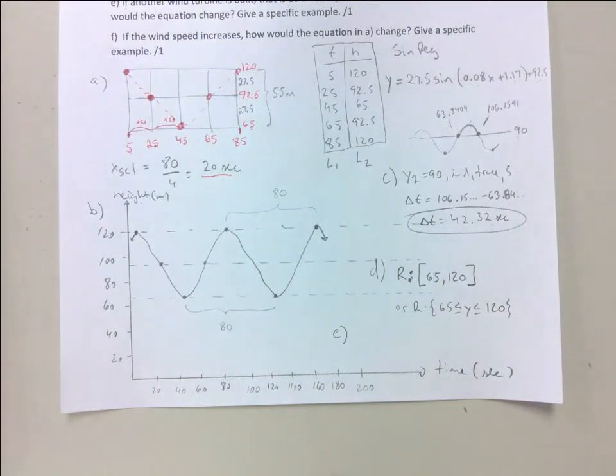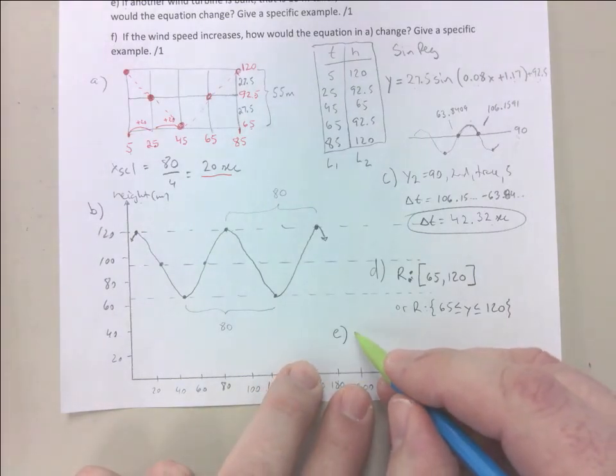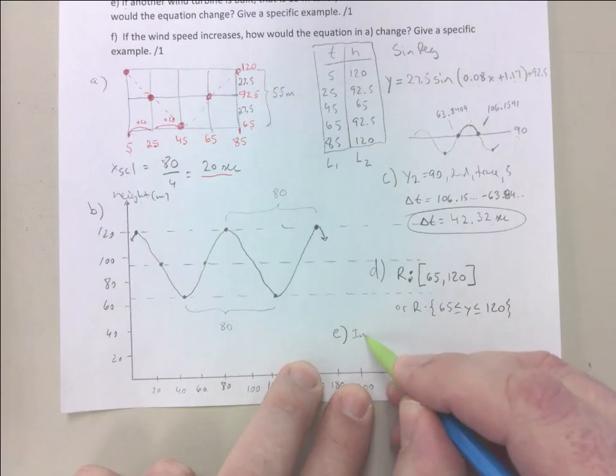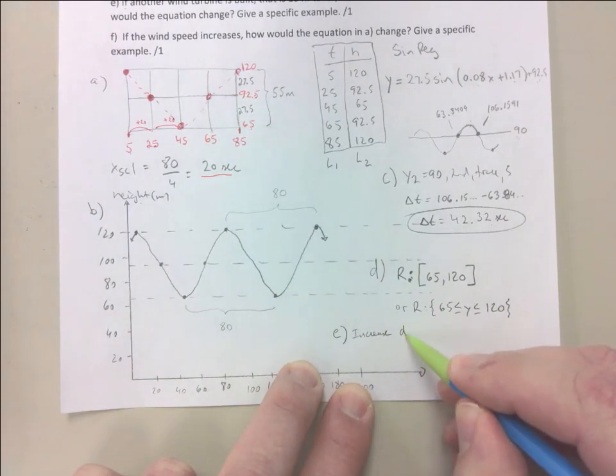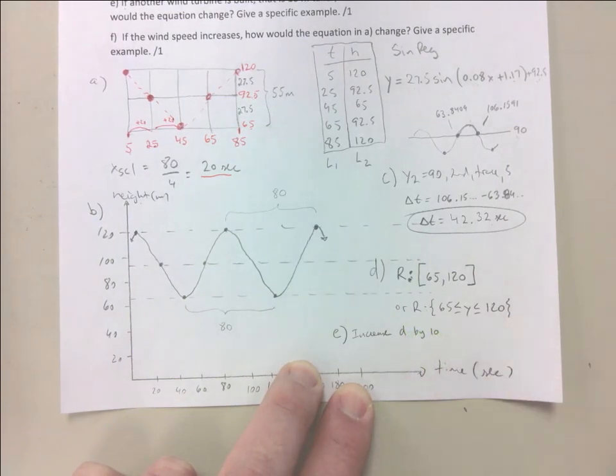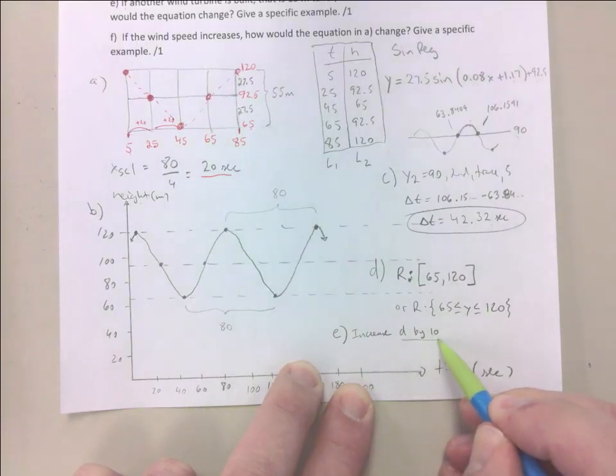D. Yeah, D is the letter, so it's that last one. So I would say increase. In this case, it's very specific. Increase D by 10. Okay, that's what you would want to do here.